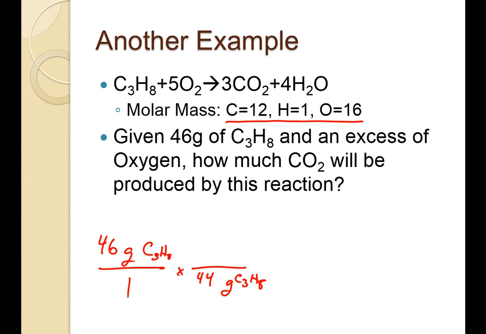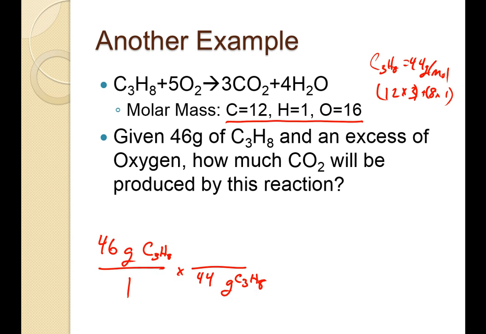You can get that by simply taking 12 times 3 because I have 3 carbons, plus 8 times 1 because I have 8 hydrogens, so C3H8 is going to give me a total of 44 grams per mole. Sorry about writing that on the outside, but I need to save my space.